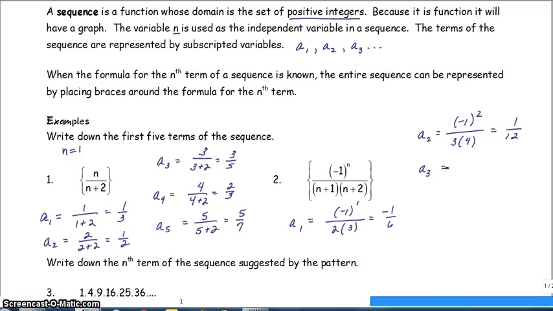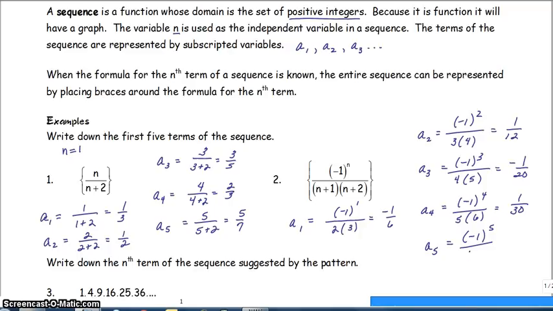A sub 3, -1 cubed, over 3 plus 1 or 4 times 3 plus 2 or 5. So now we're going to have a negative 1/20. A sub 4, -1 to the 4th, over 4 plus 1, so 5, times 4 plus 2, which would be 6. So this time we'll have a positive 1/30. And a sub 5, -1 to the 5th, over 5 plus 1, which is 6, times 5 plus 2, or 7.